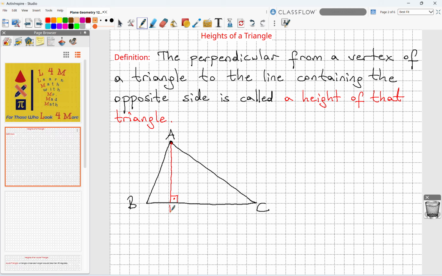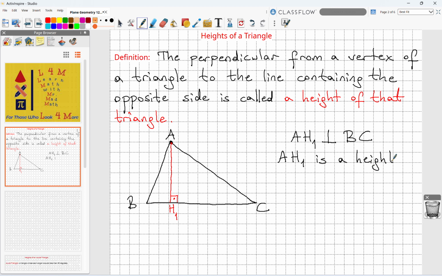Let's say H1 here. So you see AH1 is perpendicular to BC, and AH1 is a height of triangle ABC.